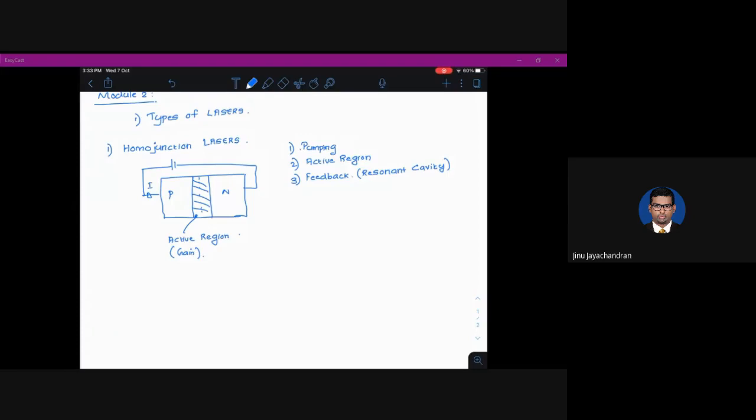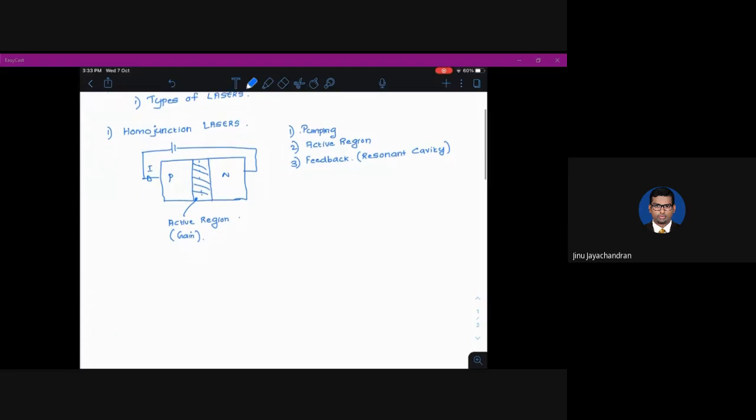These are the basic requirements for laser action that we studied in the first class of lasers. In a homojunction laser, you have a P and N junction and a current is drawn. When the current is supplied in forward bias, the charge carriers move towards the active region, so there are more charge carriers in the conduction band.